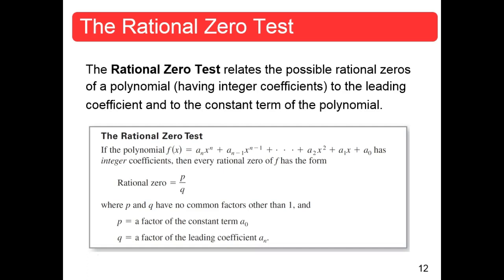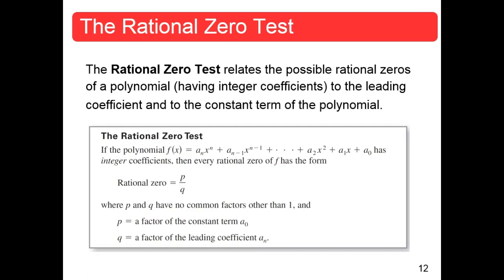But most of our polynomials have that, and it relates the rational zeros of a polynomial to the leading coefficient. Remember, that's your a sub n, the first coefficient you have, and the constant term, which is the last term that you have when written in decreasing order of the powers.